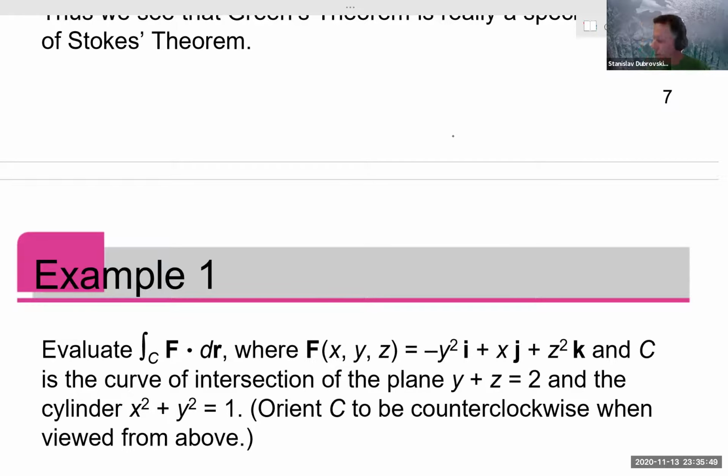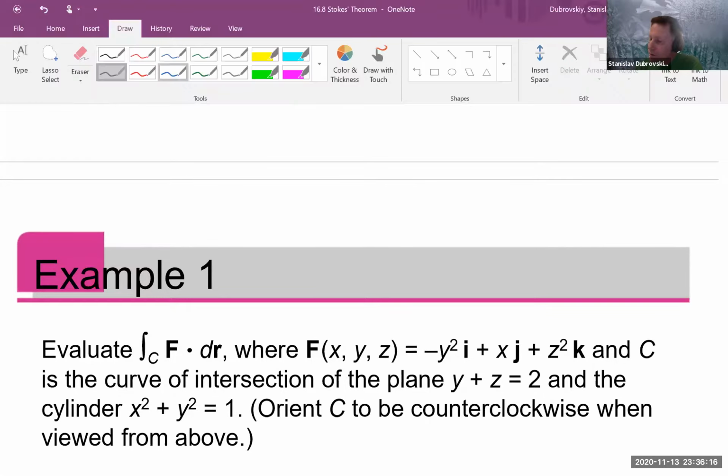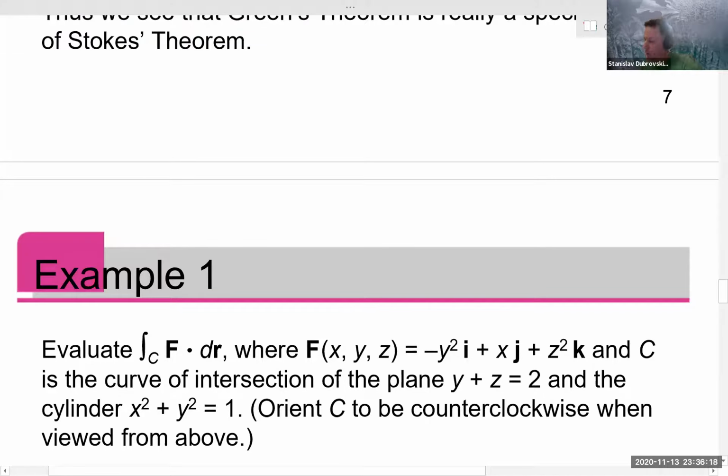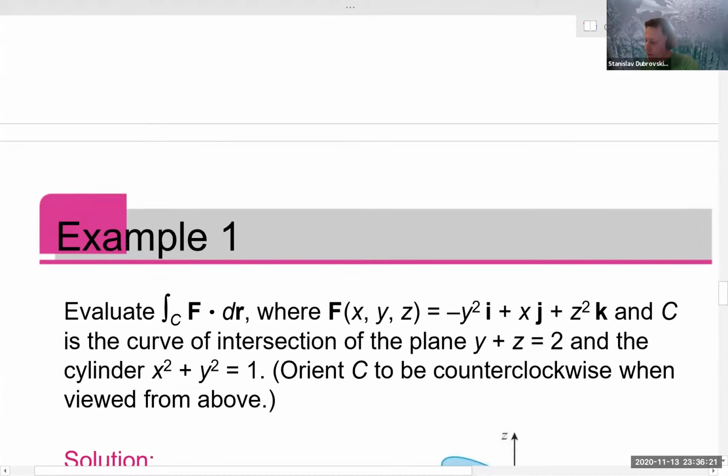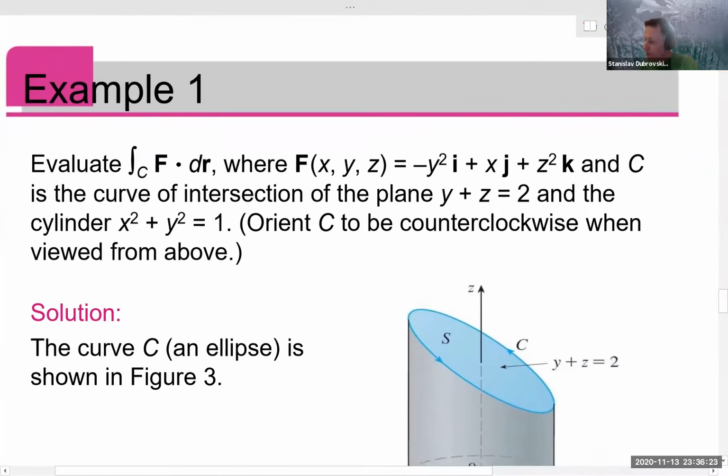Okay, let's take a look at this example. We have to evaluate the line integral over a closed curve. Which closed curve? The curve of intersection of the plane y plus z equals 2 and the cylinder. Good. So let's take a look at the picture. That's a very nice picture.